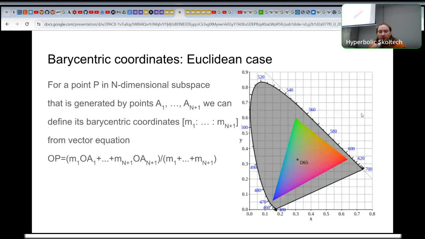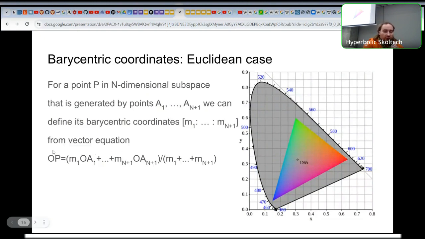I mean that, for example, vectors from A1 to all other points should be linearly independent. And then we can define barycentric coordinates for any point on this subspace by an equation.